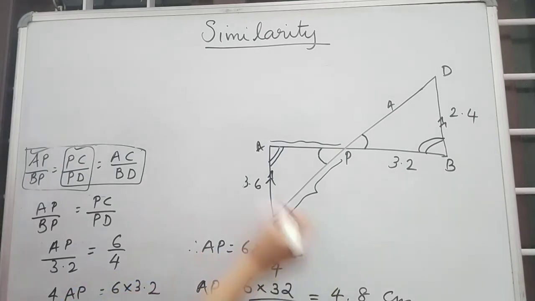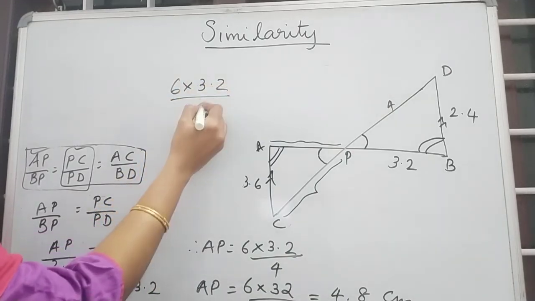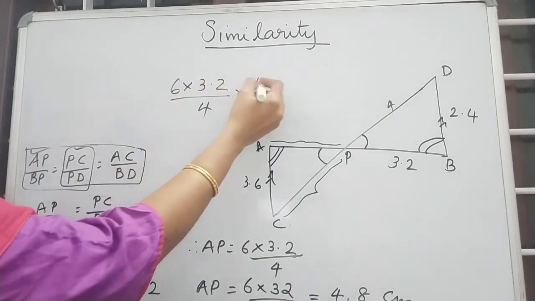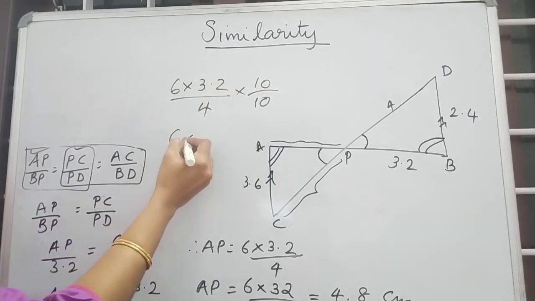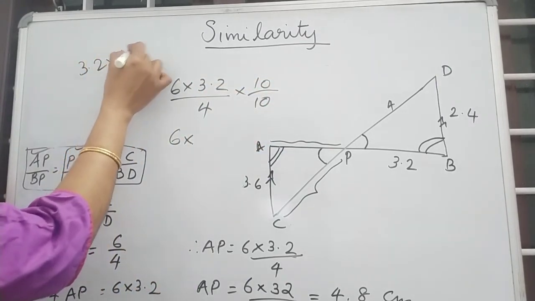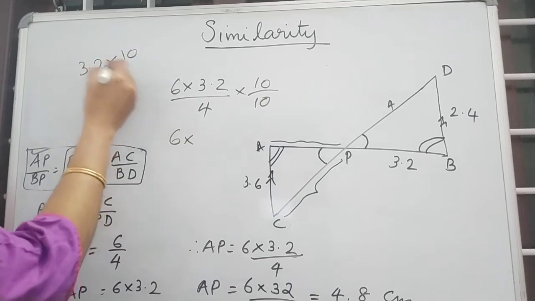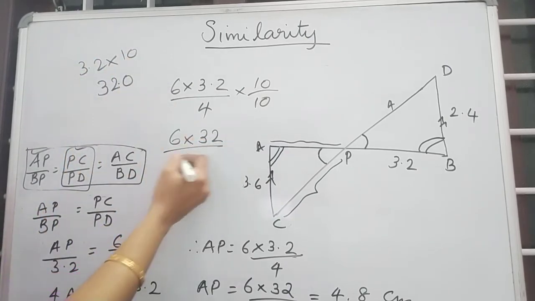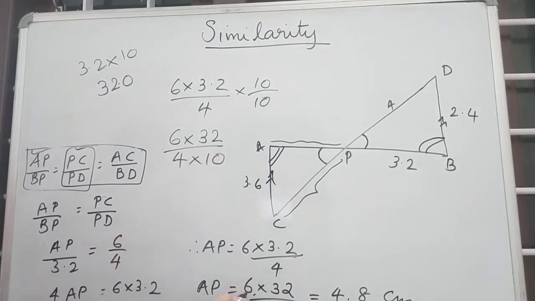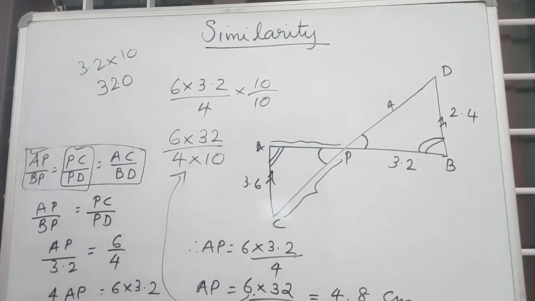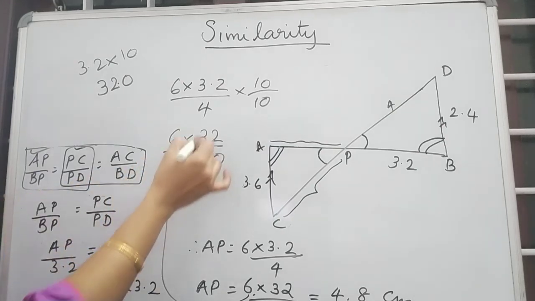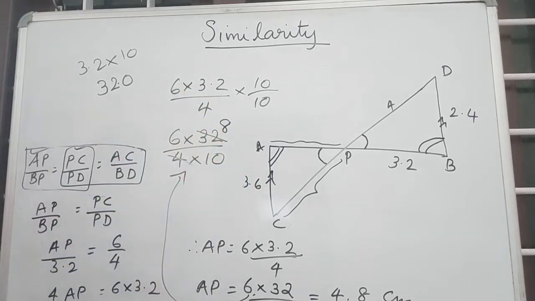To change the decimals, multiply by 10. 3.2 into 10 is 32. Removing one decimal place, it will be 6 into 32 divided by 4 into 10. 4 and 32, 8 times.